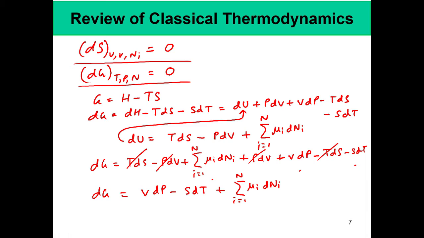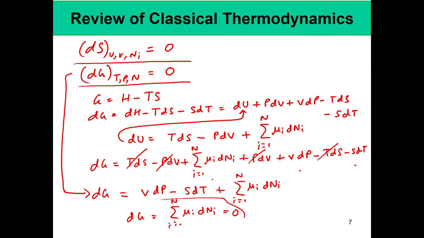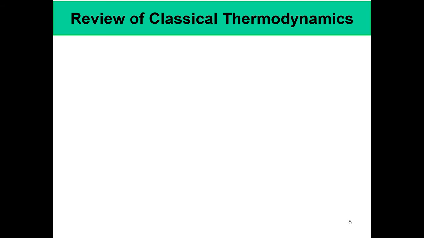Now if we apply the equilibrium criteria, at T and P constant, what we get is dG is equal to summation i equals 1 to n of mu_i dn_i is equal to 0. Now, please remember this is a very important thing. We will use this to arrive at more important concepts in chemical thermodynamics.